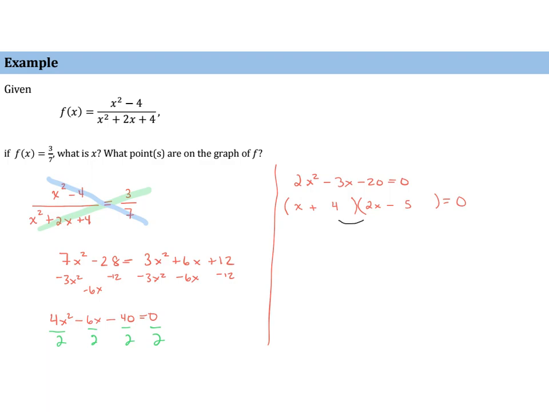Now, if we check the outside and the inside, we get 8x minus 5x. That's the wrong sign. That gives us positive 3x. So let's switch the signs. So minus 4 and plus 5. And that should now work.